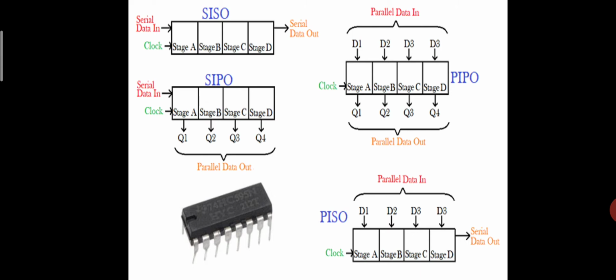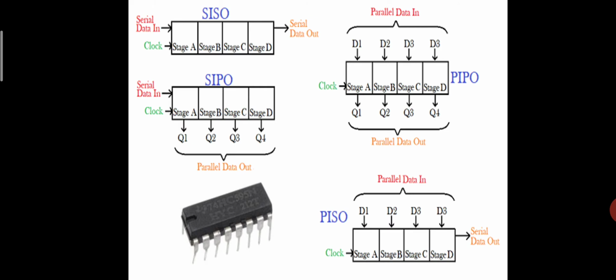In serial in, parallel out, the data is given serially with respect to a clock pulse, and the output will be obtained in parallel manner. Q1, Q2, Q3, Q4 are the outputs. That is single input, multiple outputs, 4 outputs in the case of a 4-bit shift register.